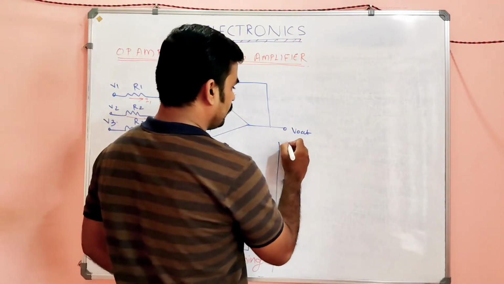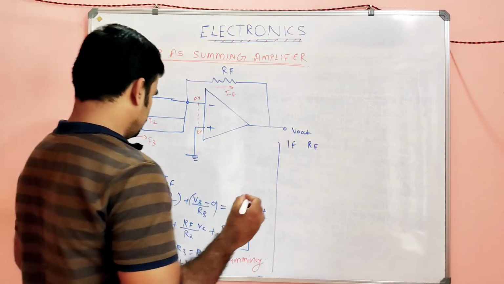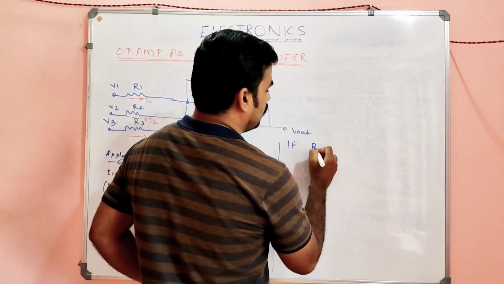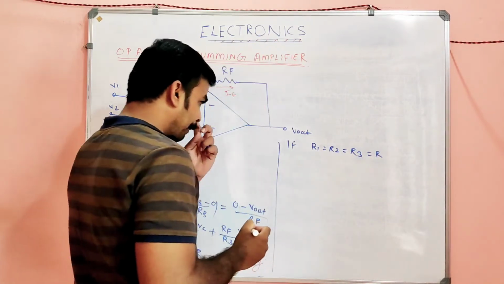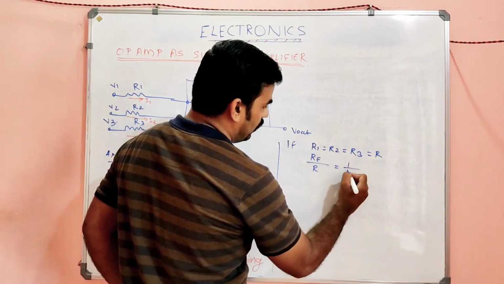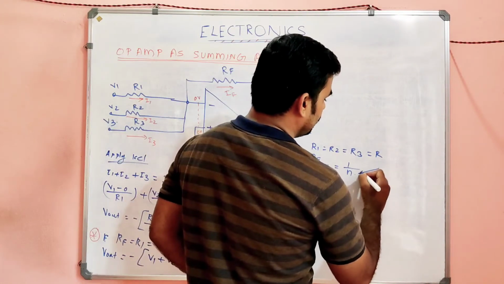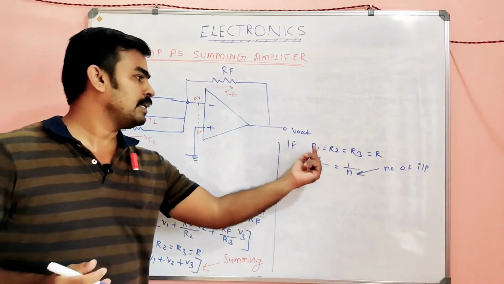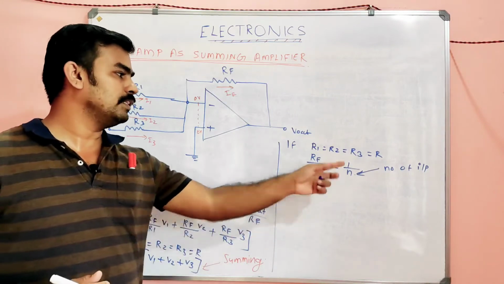If R1 equal to R2 equal to R3 equal to R and RF by R is equal to, let it be 1 by N. Imagine, let it be 1 by N, where N is nothing but, my dear, the number of inputs.